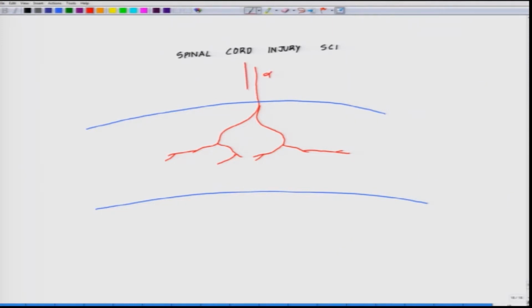So the signal is coming like this, and, one second, alpha motor neuron, this is the extrafusal fiber, and this part is called the neuromuscular junction.